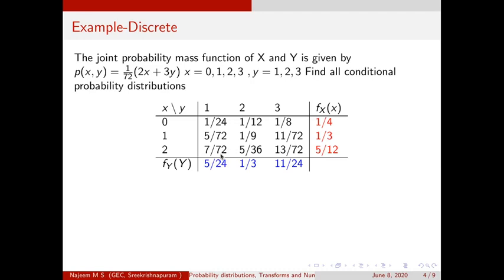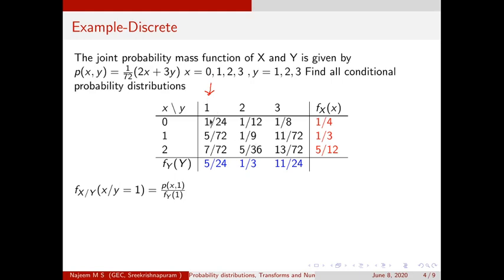Now f of x given y equal to 1. So when y equal to 1, that is this column. We know y equal to 2 is not possible and y equal to 3 is not possible, so the corresponding probabilities will be 0.